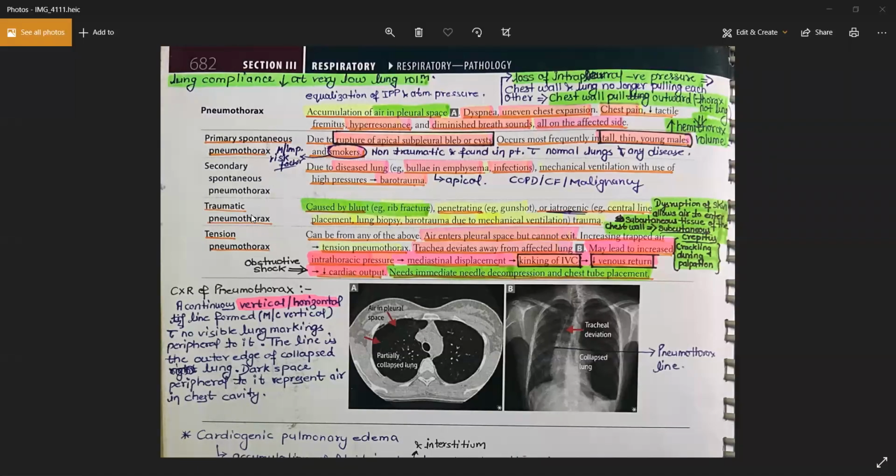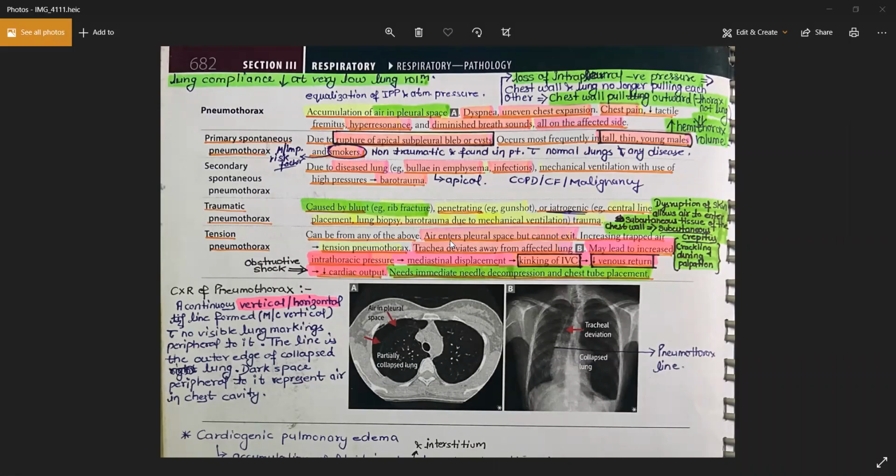If a one-way valve is formed, it will allow the air to go inside the pleura, but it won't allow the air to go outside the pleura. So with each inspiration, you will have more air inside the pleura, and this would cause a tension pneumothorax, when the air can enter the pleura but cannot exit. With each inspiration, you will have more air, more pressure.